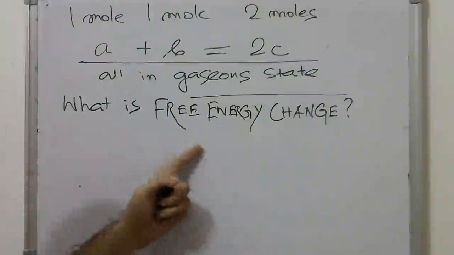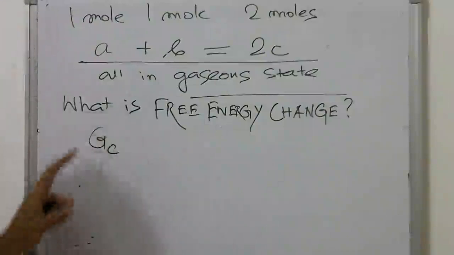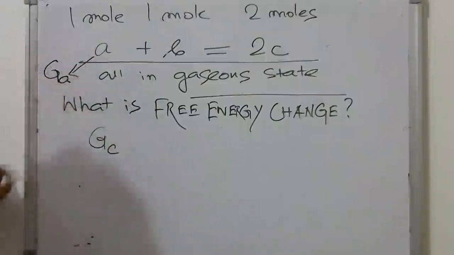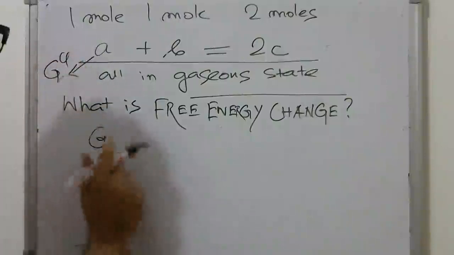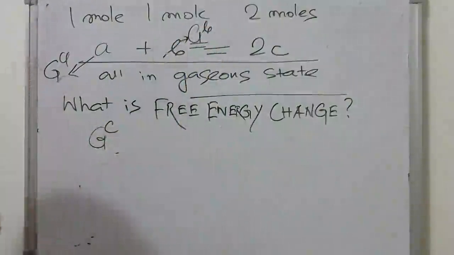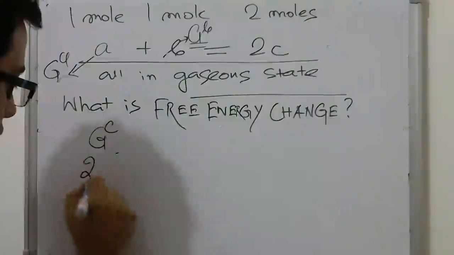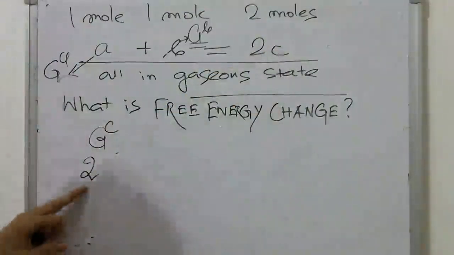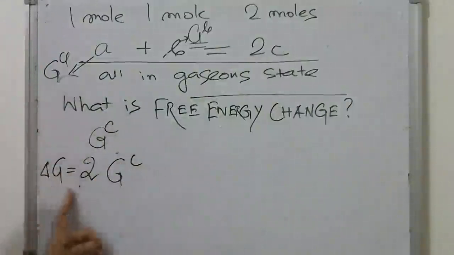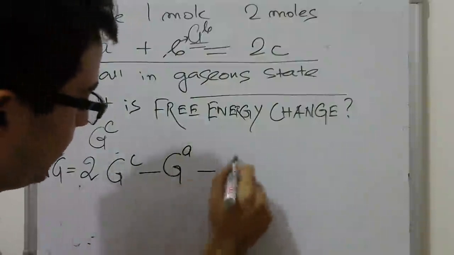Let's say the final free energy of the system is Gc. The free energy of the system is Ga. Let's say Ga, this is Gc, and this is Gb. So the change is, there are 2 moles of C, so twice Gc minus Ga minus Gb.